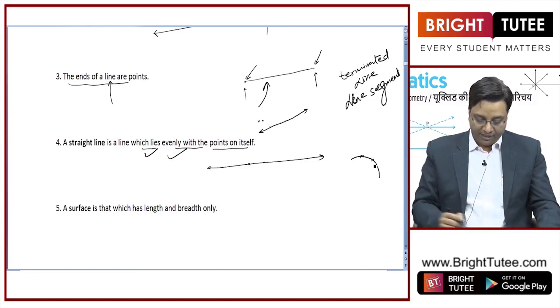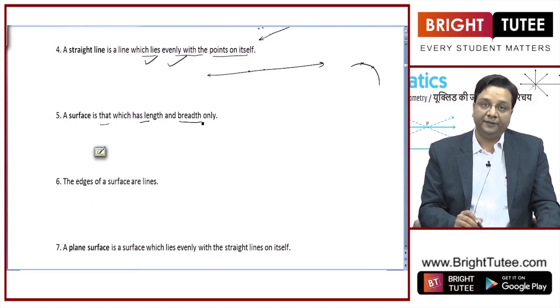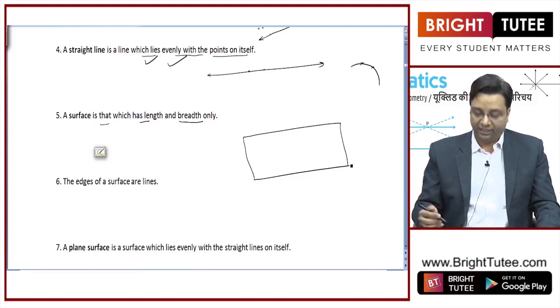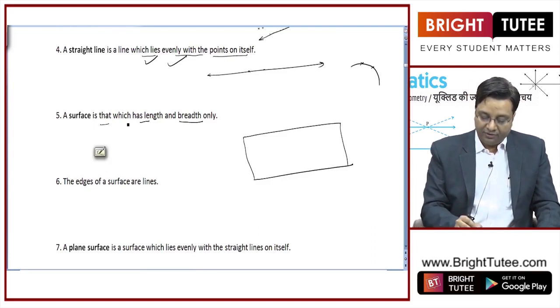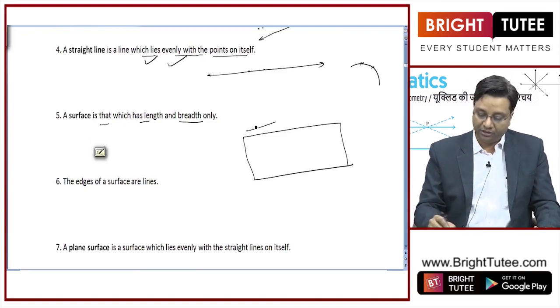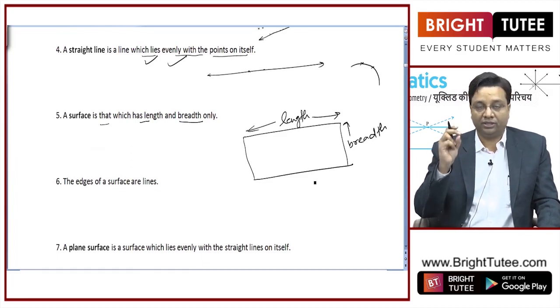All right. A surface is that which has length and breadth only. You can look at the surface of the piece of paper you are writing on. The surface has a certain length and a certain breadth, but it has not got the third dimension, that is height or thickness.